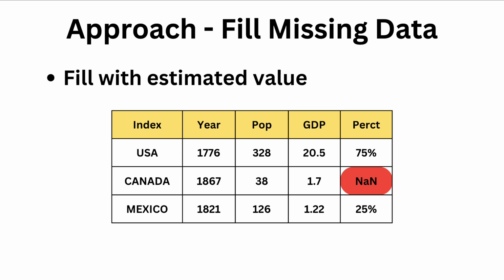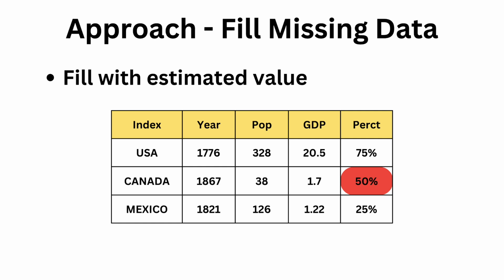You can see here it goes from 25% to 75%, and maybe you're thinking Canada is somewhere in between Mexico and USA. We're actually not defining what the percentages are here on purpose. So in your data set, it could be a reasonable assumption to say, okay, I think Canada's percentage value of some feature should be between Mexico and USA. Then you could interpolate between 25 and 75 and say 50% is the correct percentage here.